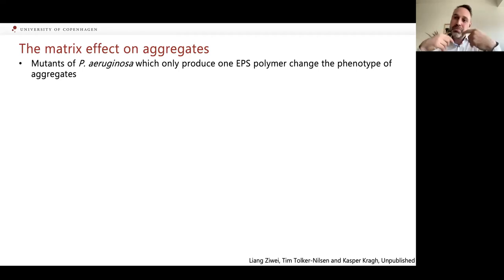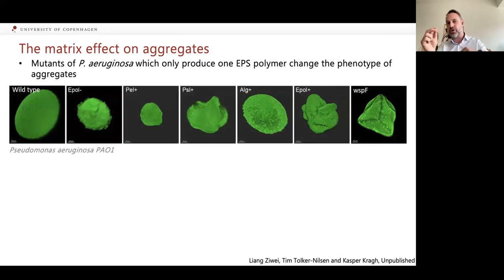And is it also important to have this matrix, this EPS, extracellular polymeric substance, surrounding these aggregates? What we did was we used a lot of mutants where we had either turned on or off some of the primary components in these aggregates.